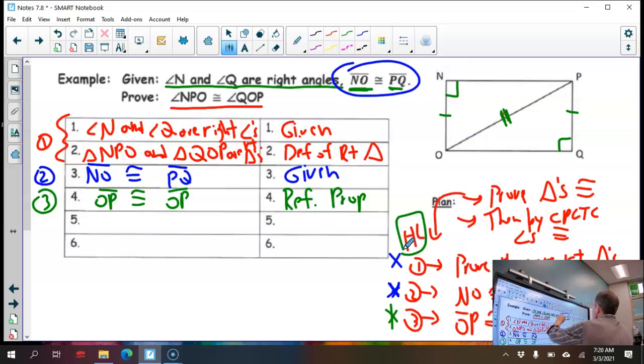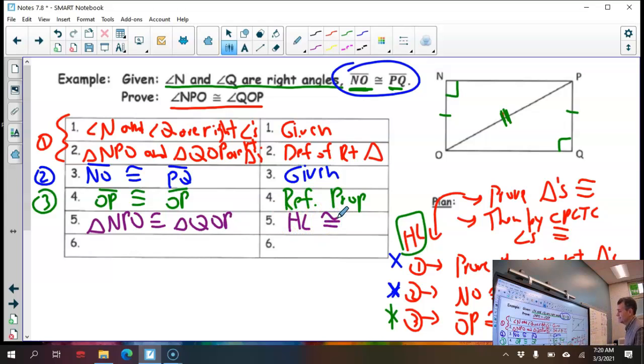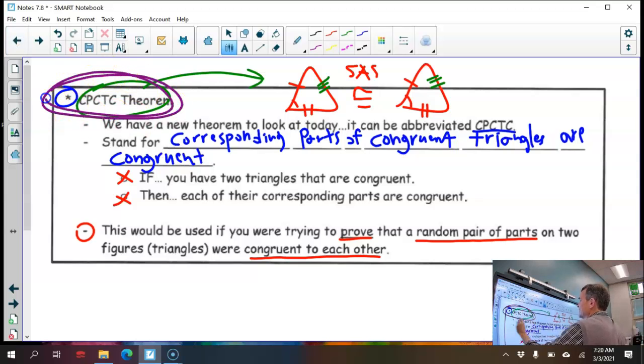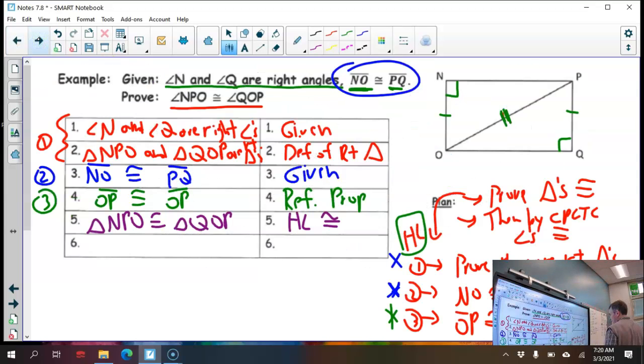So now I can go ahead and say, due to these three things, triangle NPO is congruent to triangle QOP, and that is by the hypotenuse leg congruence theorem. And then I can use our new proof, CPCTC.